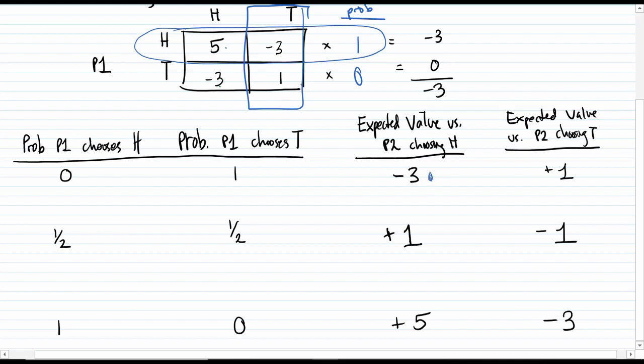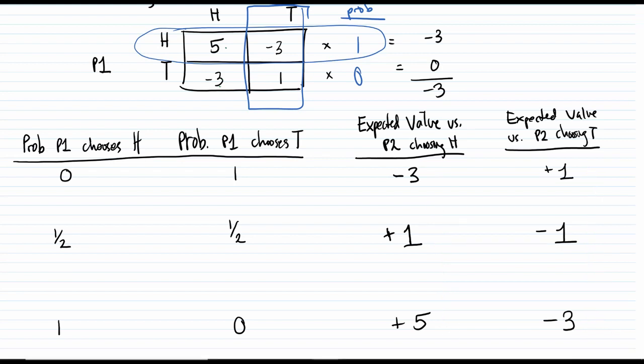So this is a big loss, this is a big gain, and this mixed strategy is giving us a nice value in between. We're sort of hedging our bets. Same thing, this is an okay win, this is a big loss, and we're hedging our bets by doing a mixed strategy of doing half and half.